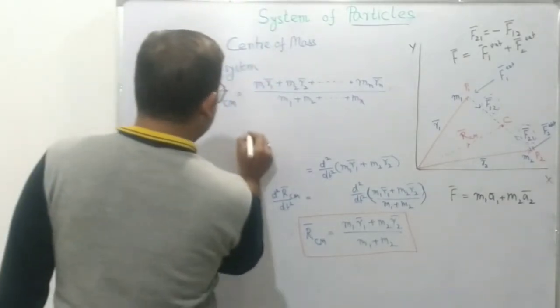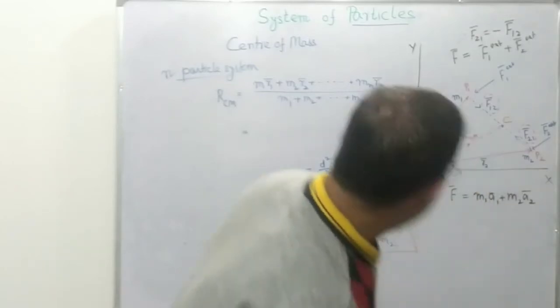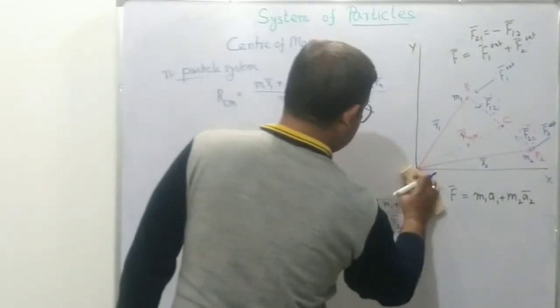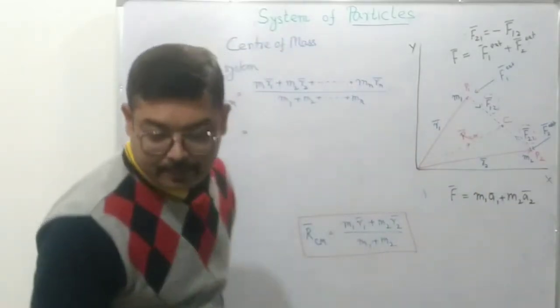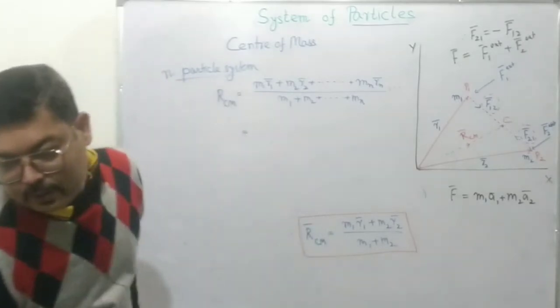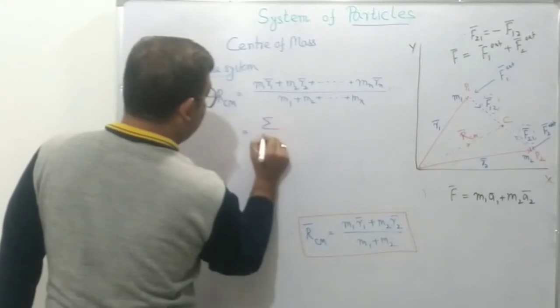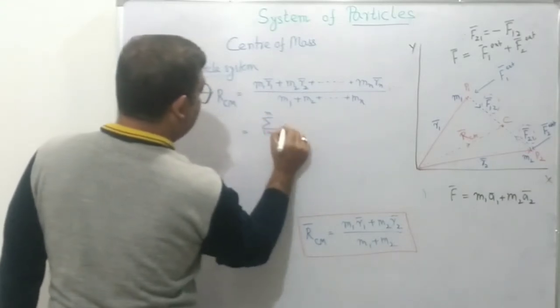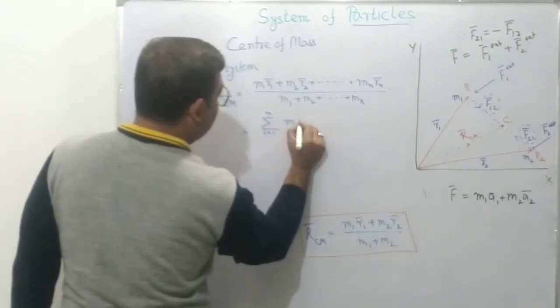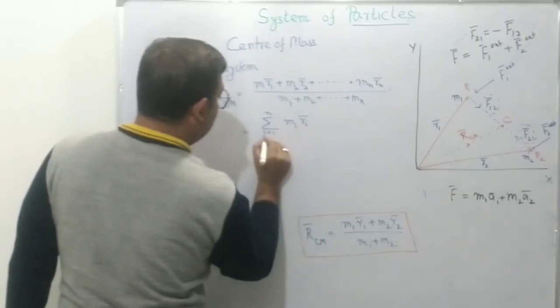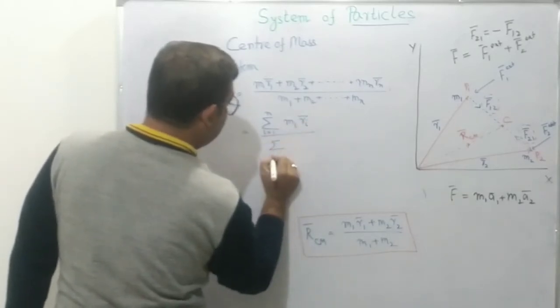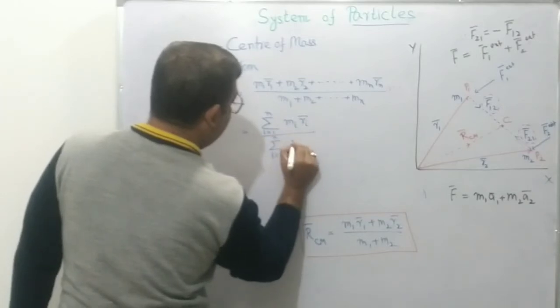This can be written in terms of the summation notation, sigma, right? So what we will do is that we will say that this will be summation of i equals 1 to n mi ri divided by summation i equal to 1 to n mi.